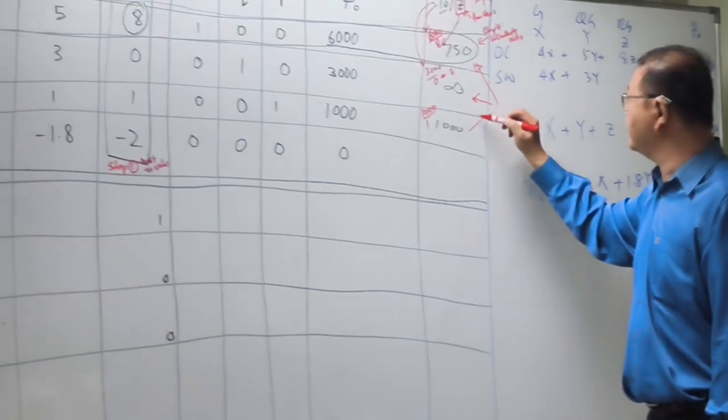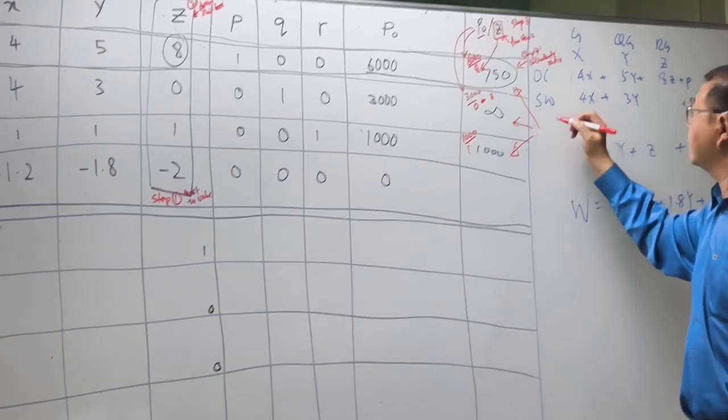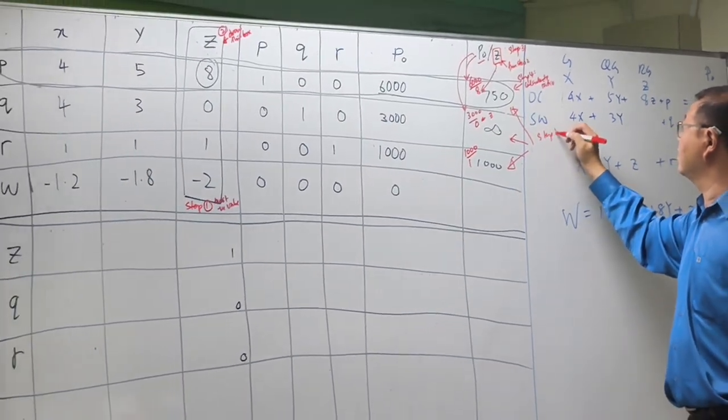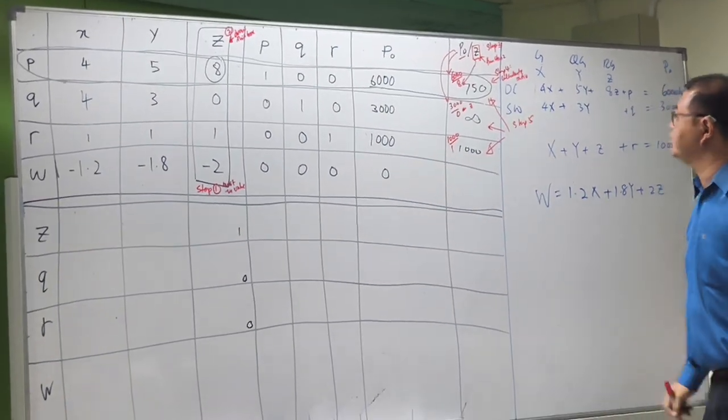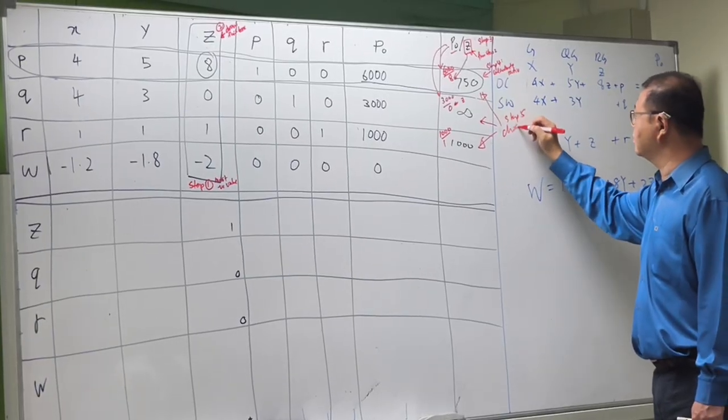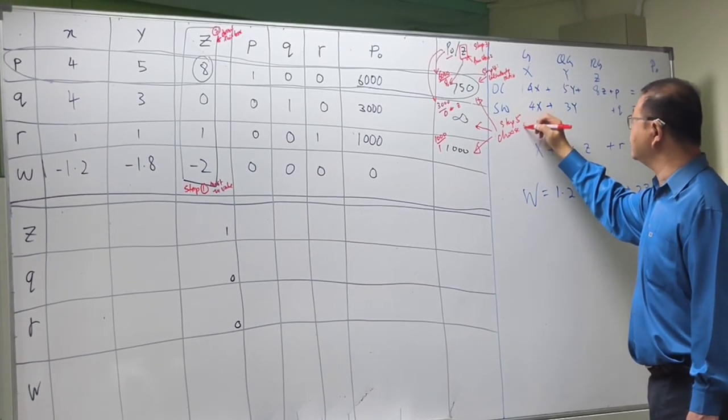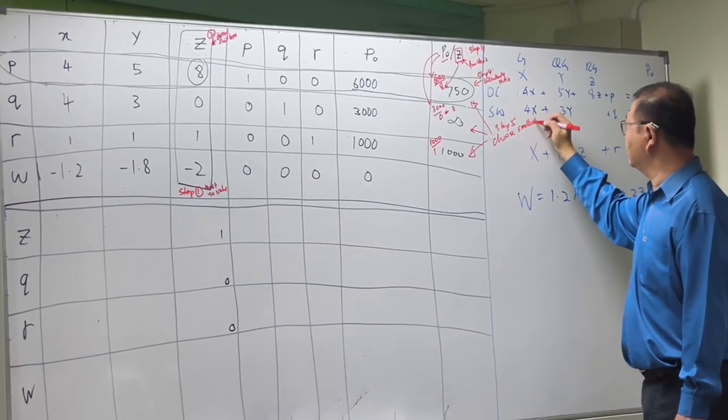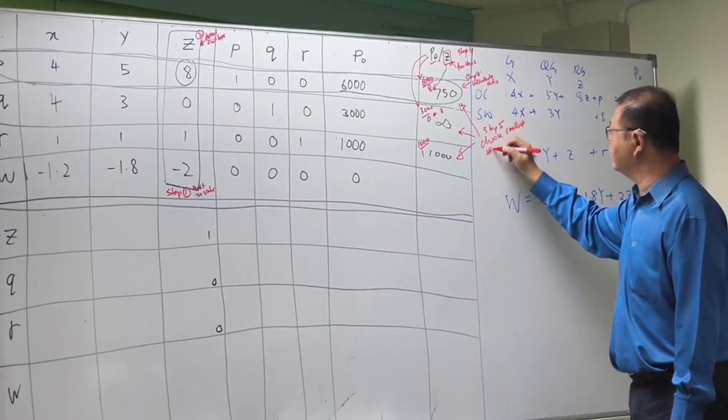Compare these three values. Step 5: choose the smallest positive value.